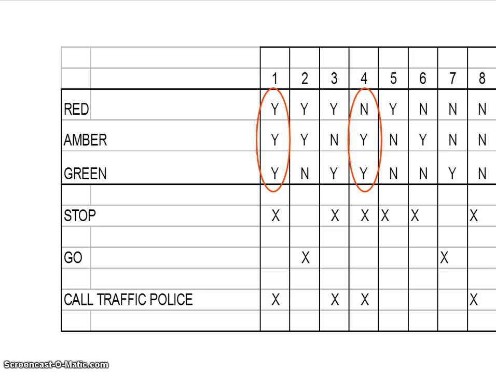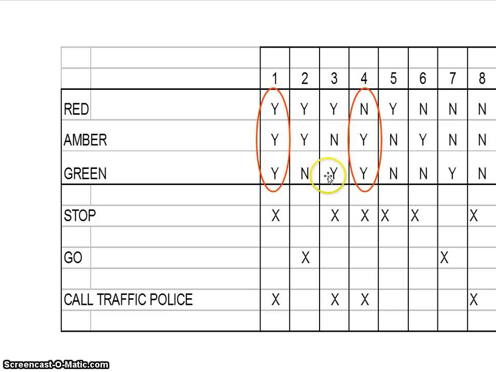So look at this one here. This is to do with the traffic lights. So we're showing the red light is showing, the amber light is showing, the green light is showing. If we've got all 3 showing at the same time, we'll stop and we'll call the traffic police. If the red and the amber light are showing, then we know we're getting ready to go.